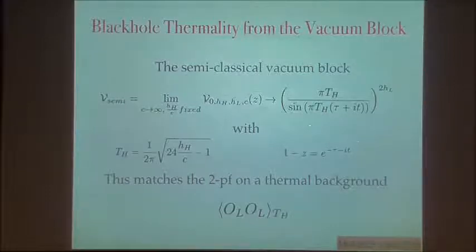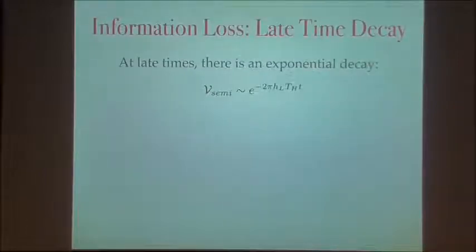Here we see how the thermal physics emerges from a pure state conformal block. And we'll see immediately that this means there are some problems. Already, if we take the semi-classical block and we take Lorentzian time to be large, we find that it follows this exponential decay.